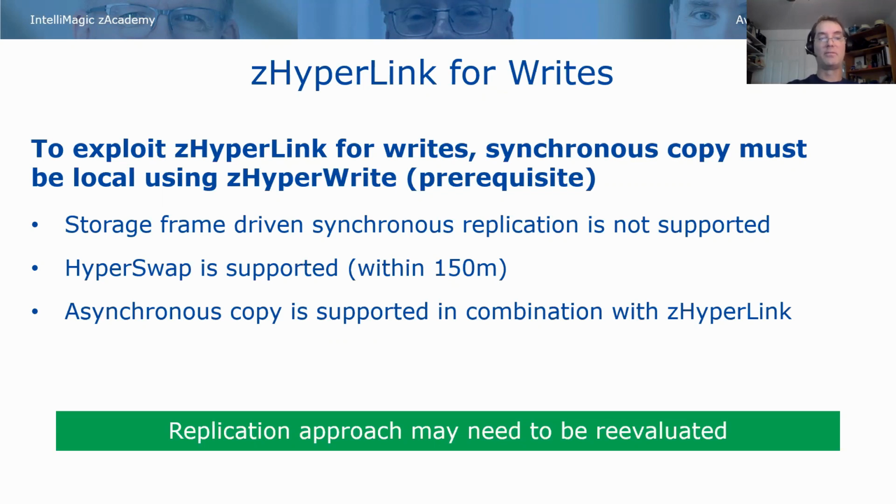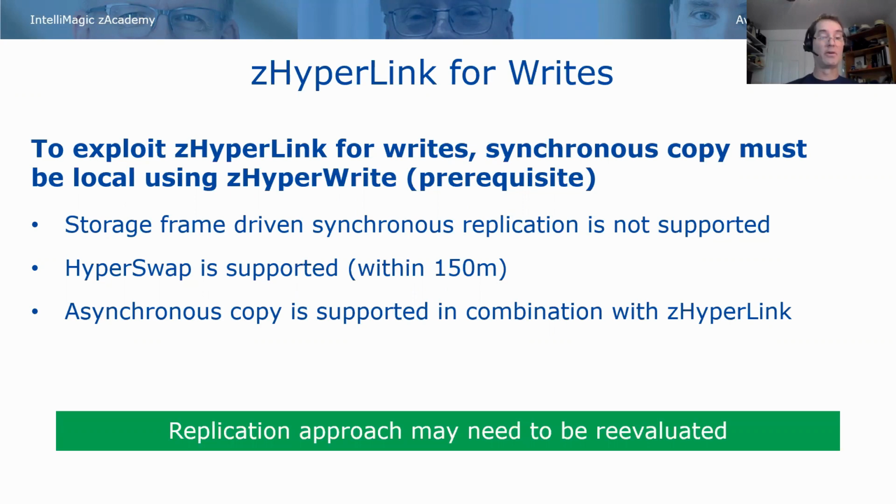Without getting into that too much, essentially it's a separate connection directly from the CEC to the secondary box. In a traditional synchronous remote copy setup, you go from controller to controller. zHyperWrite says I've got a connection to my primary and my secondary directly, so I can do those at the same time. And that is, again, a prerequisite for zHyperlink.